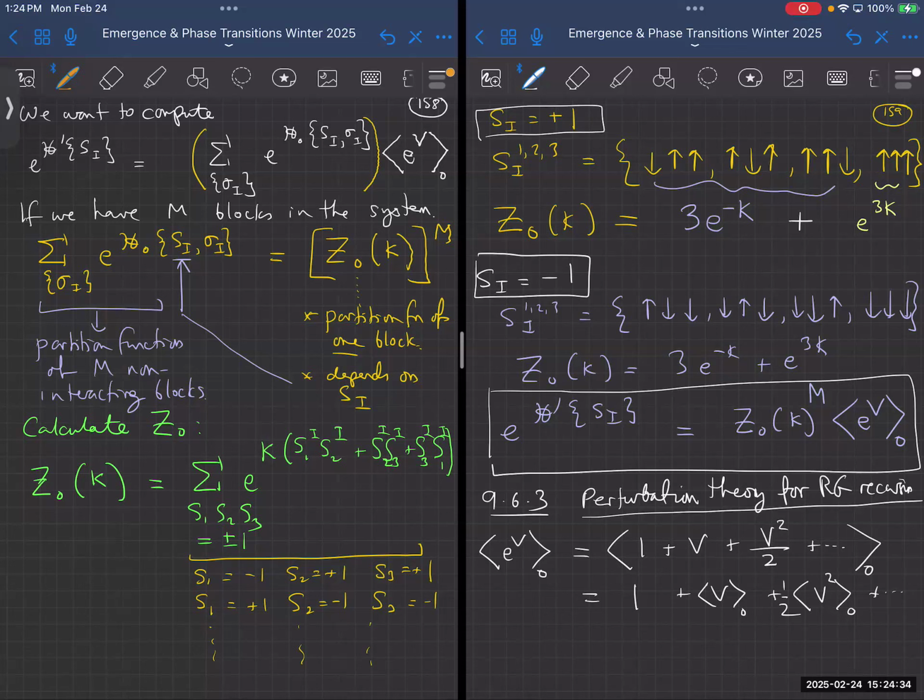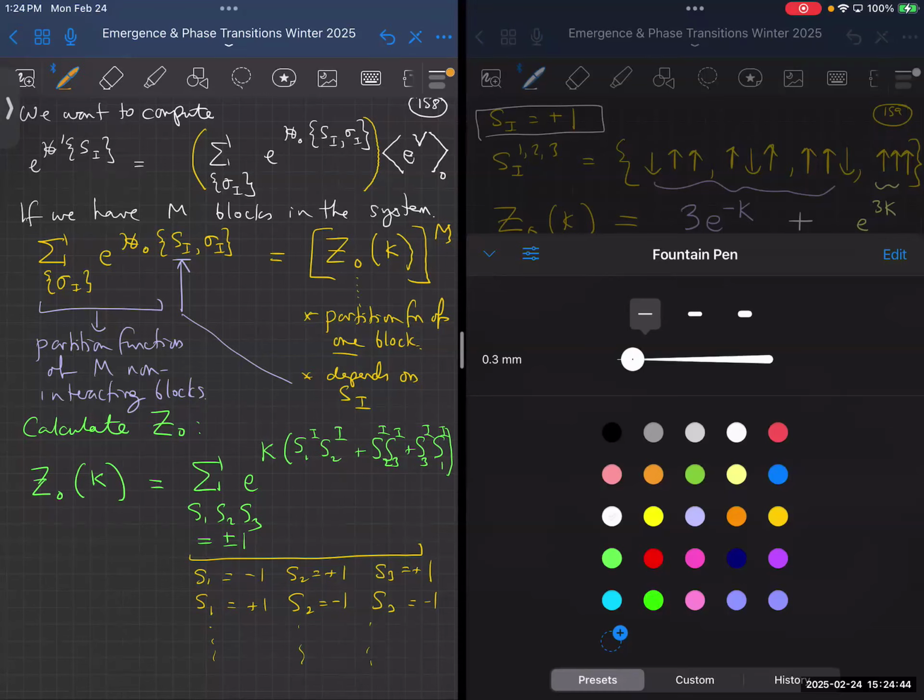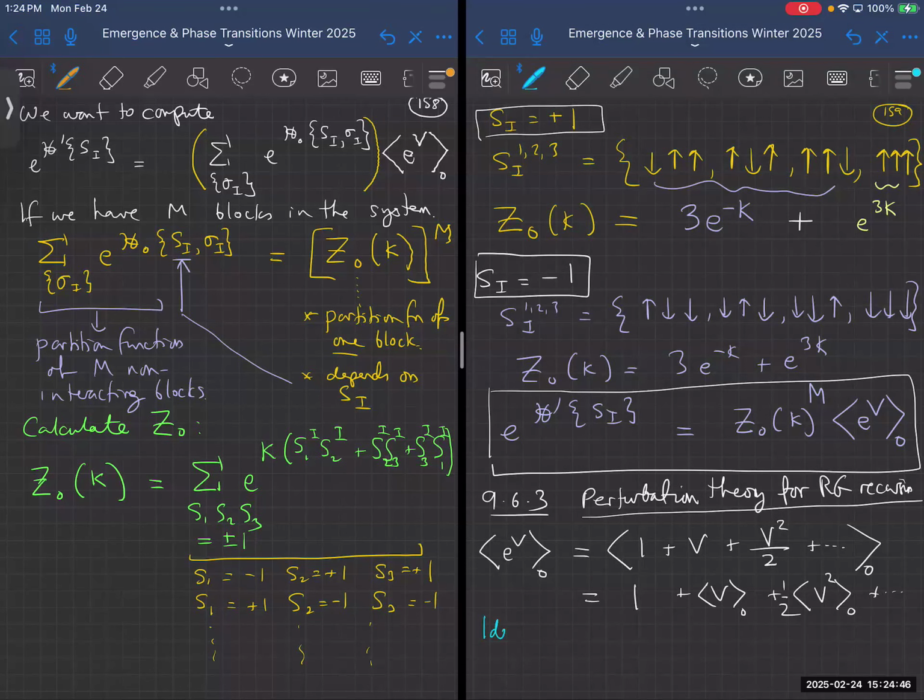But here's the trick. We know that the thing we want to actually calculate is the expectation value of e to the something. So what is the basic idea? The basic idea is that if I want e to the v, I want to write that as e to the something, and not just some expectation of v plus something or other like that.